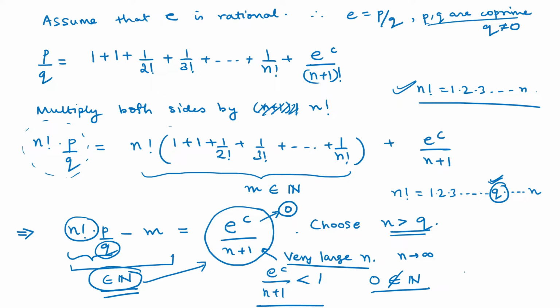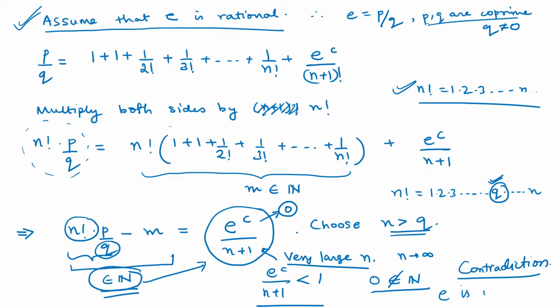So here we have our contradiction, and since we had made the assumption that e is rational, this is violated. Therefore, we can conclude that e is definitely an irrational number. So there, this was a pretty nice proof. I think there are several other ways to prove that e is irrational.